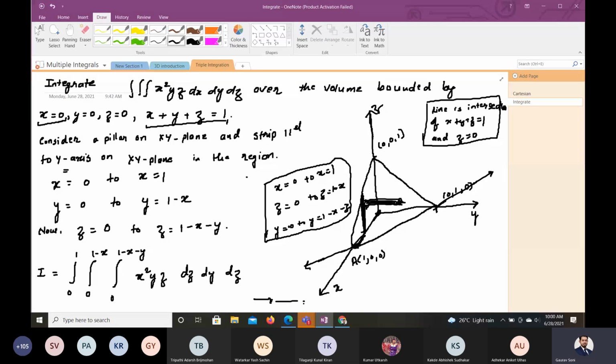So when I say z equal to 0, you collect all the points which have the z coordinate as 0. What you will get is the xy plane. That is the reason why I say z equal to 0 is the xy plane.